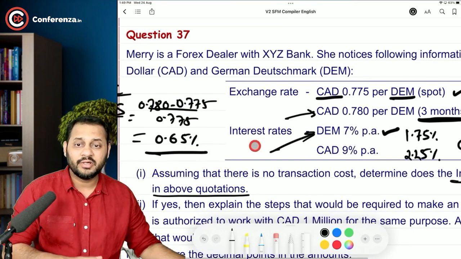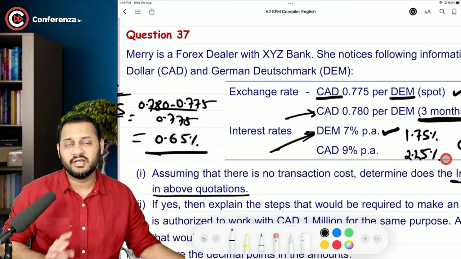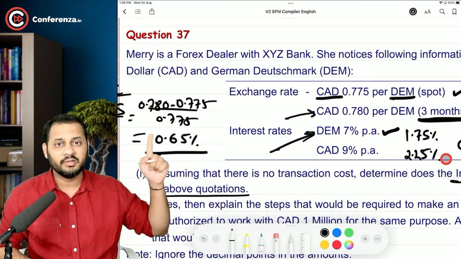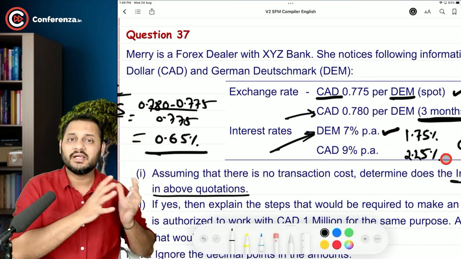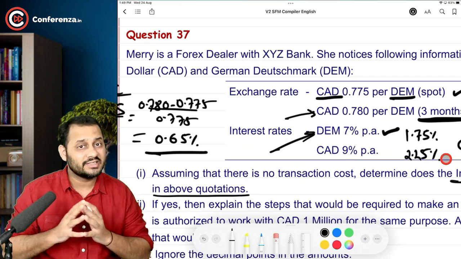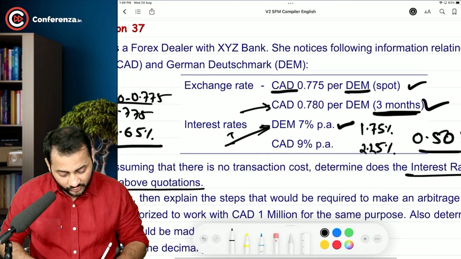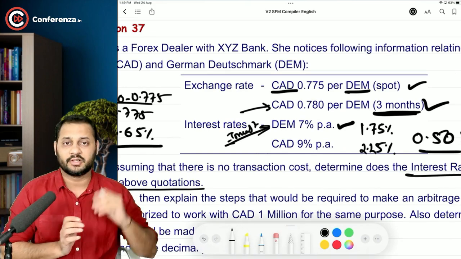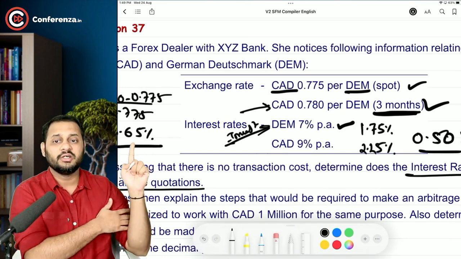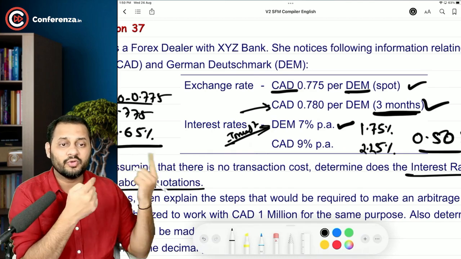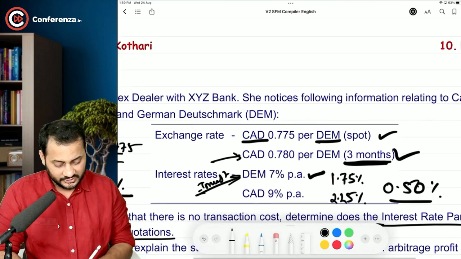But we can see that the premium is higher than the interest rate differential. That means again the same situation as it was in the previous question. Instead of borrowing, we are going to invest in the Deutschmark, because the premium is more than the interest rate differential. I will just draw a line here.